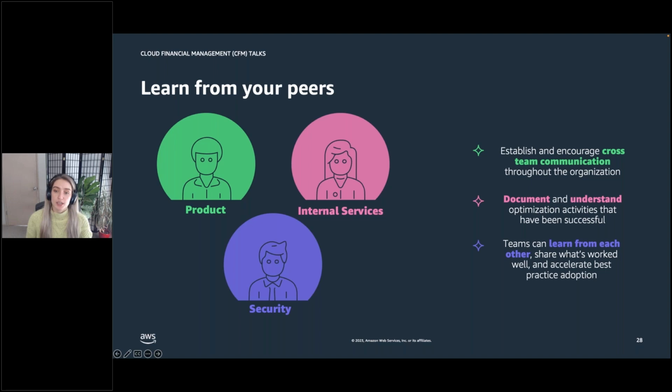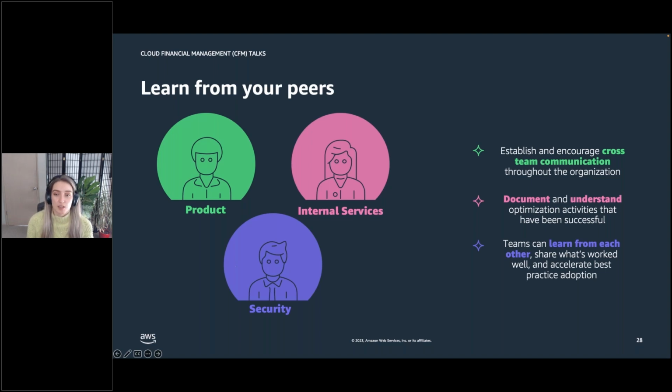So establishing that cross-team communication, and making sure that the folks who've attacked one piece of the cost optimization puzzle are sharing those lessons learned and documenting them with other folks who are focused on a different service or a different work type is really critical, because it allows everybody to share that information and push each other forward.